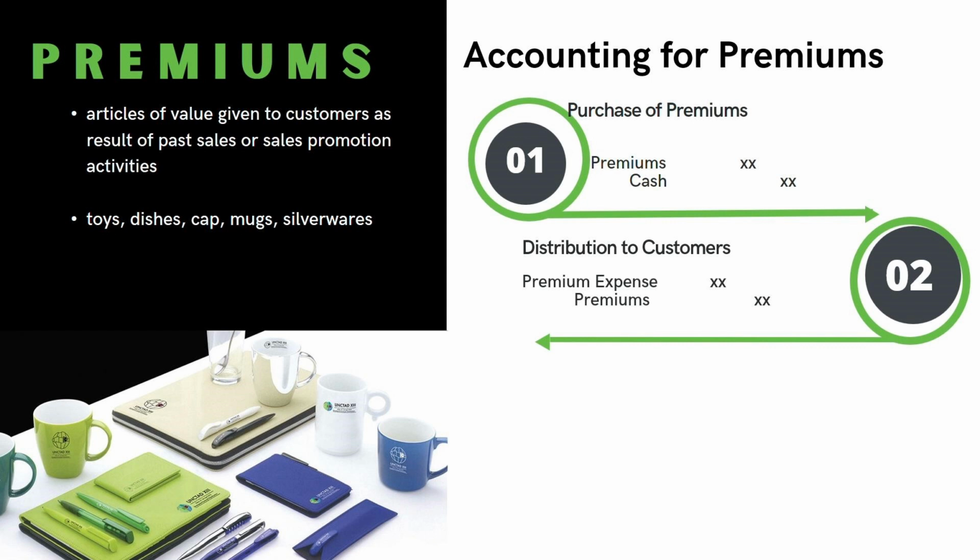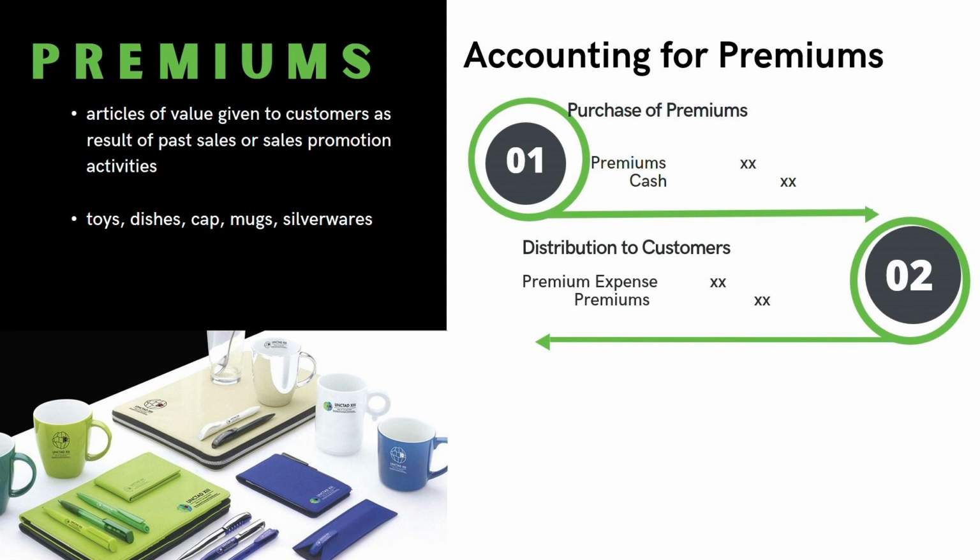This is when customers exchange the Surf plastic packs or Coke bottle caps they collected. During the distribution, what you will record is the expense: debit premium expense, and credit the premiums account.